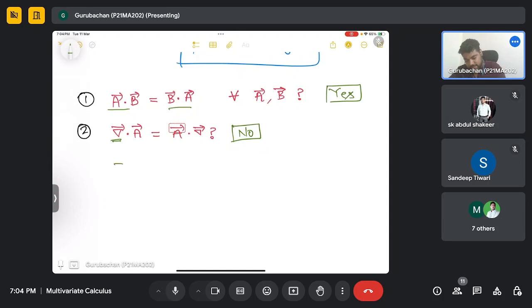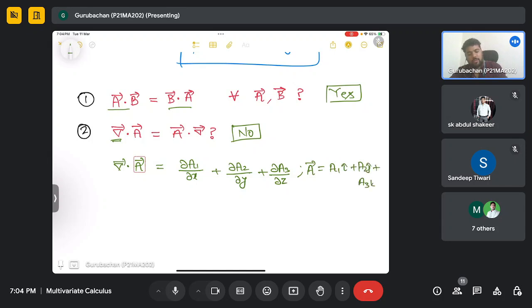So in case of this del dot A, what will you get? You will get del A1 by del x, del A2 by del y, del A3 with respect to z, and here I am assuming this vector as A1 i cap, A2 j cap plus A3 k cap. Okay. Now what about the other side? The other side is A dot del.